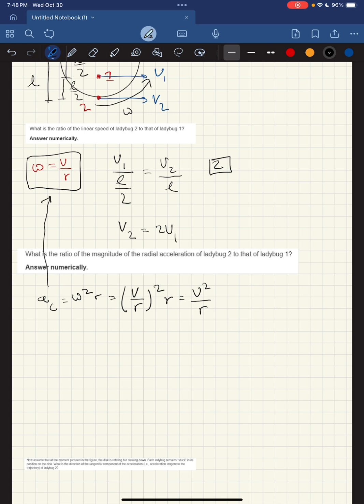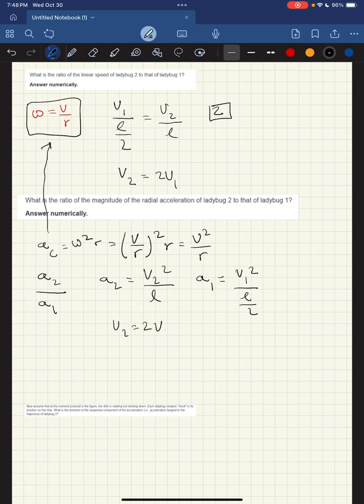They asked for the ratio between the radial acceleration of ladybug 2 to that of ladybug 1, in the form a2 over a1. For a2, we plug in our values: v2 squared over r, which is L. And a1 for ladybug 1 would be v1 squared over L over 2, because it's halfway.